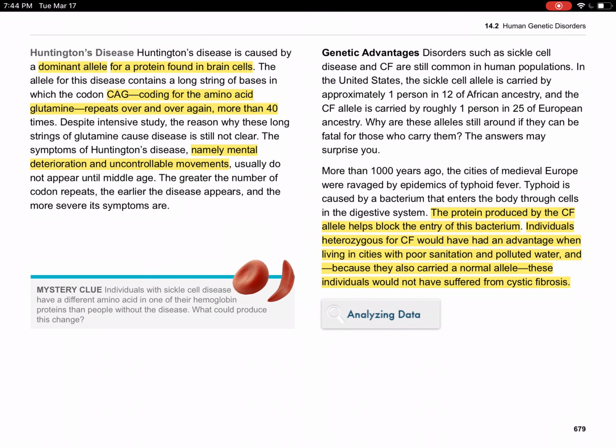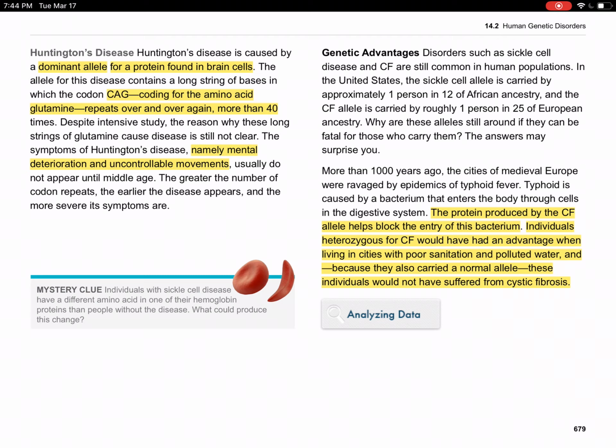Huntington's disease. This is caused by a dominant allele for a protein found in brain cells. The allele for this disease contains a long string of bases in which the codon CAG that codes for the amino acid glutamine repeats over and over again, more than 40 times.